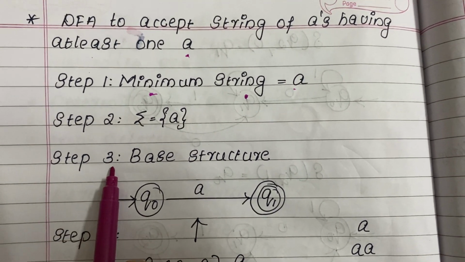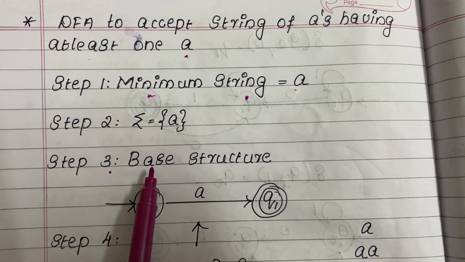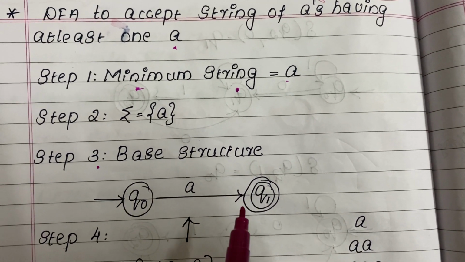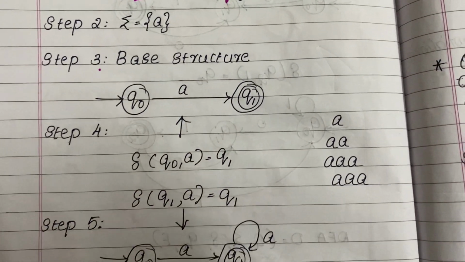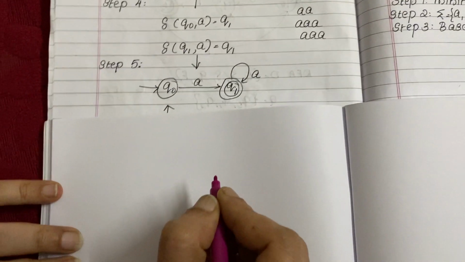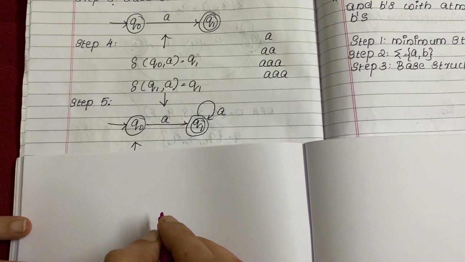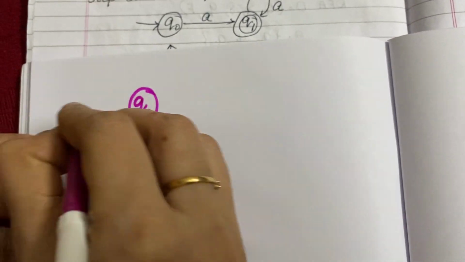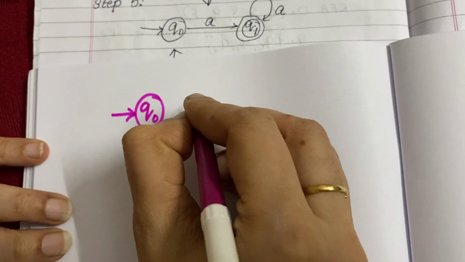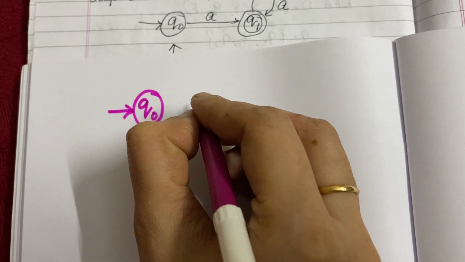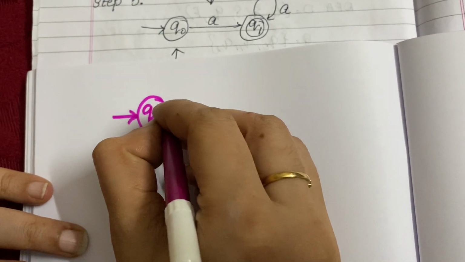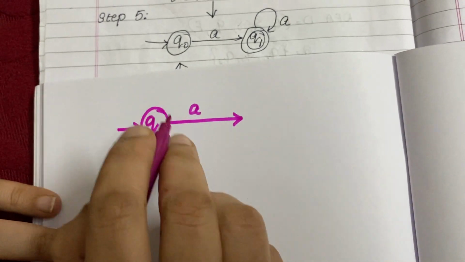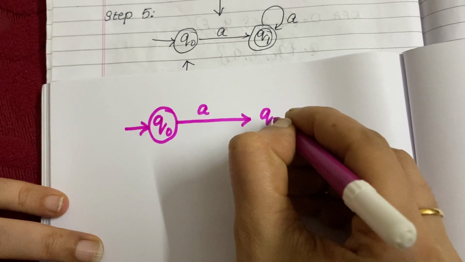Now step 3: you have to construct the base structure. In the last video I clearly explained how to construct the base structure. Using the minimum string, you construct your base structure. Always start with the starting state. If there is one A, the input needs to be accepted, correct? So Q0 will accept the symbol A and go to the final state.